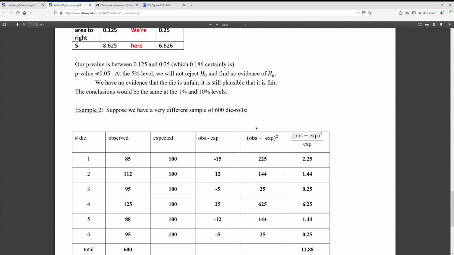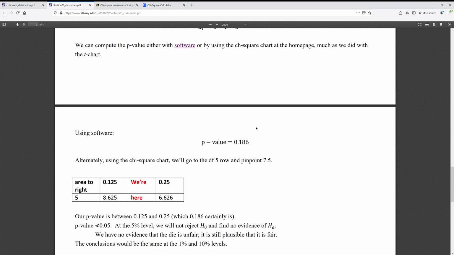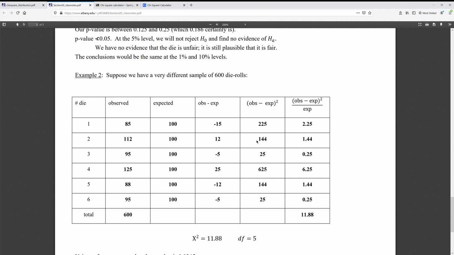Square them, and now you can definitely see this amplified. The numbers are coming out a lot bigger. Squaring, of course, will amplify sizes. It'll make big bigger. So square the negative 15, well, ultimately the negative will be irrelevant, of course. So we get 225, 144, 25, 625, 144, 25.